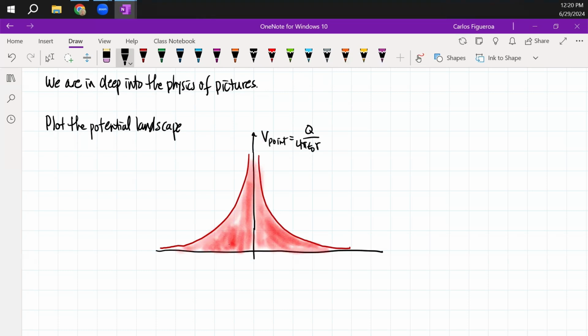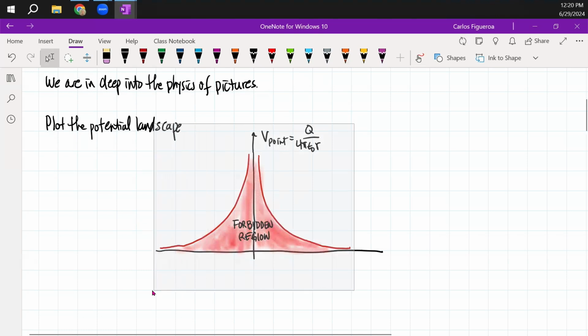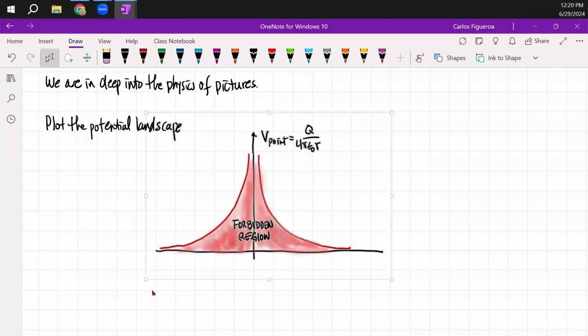So here's a couple of things. First of all, we know that this is the forbidden region. No charge can be here. I'm going to copy this because I'm going to need this later. When I look at this, here's what I see.